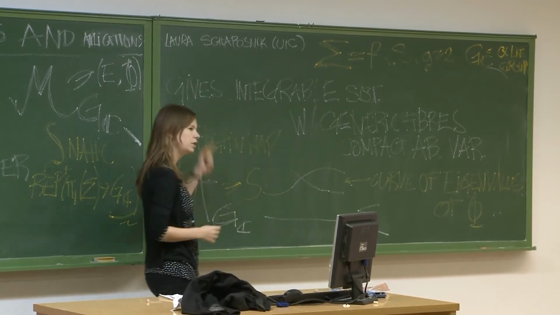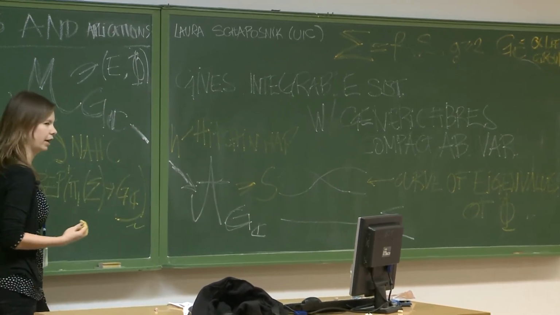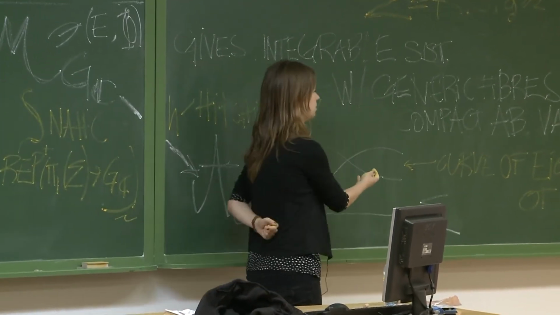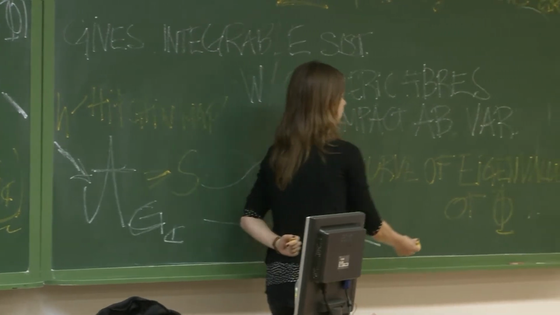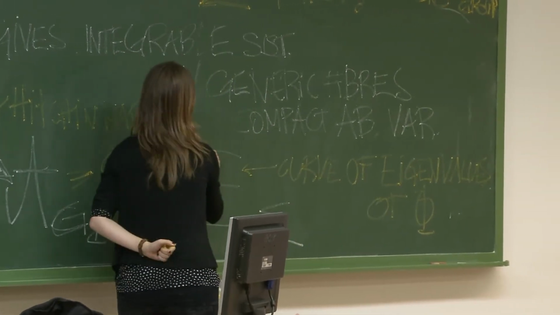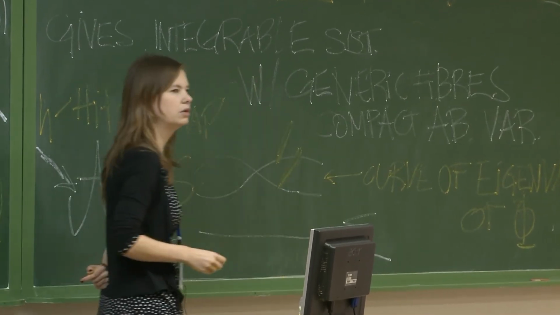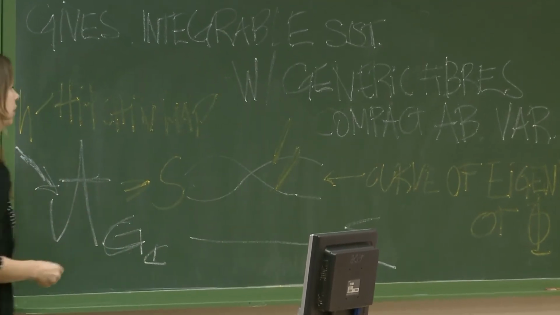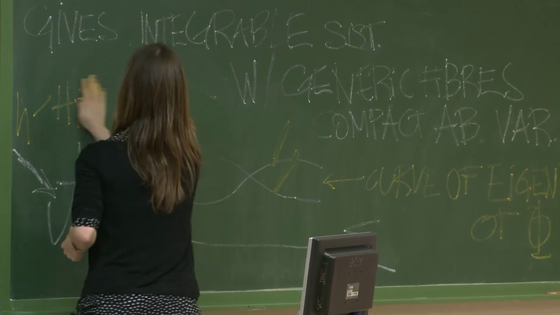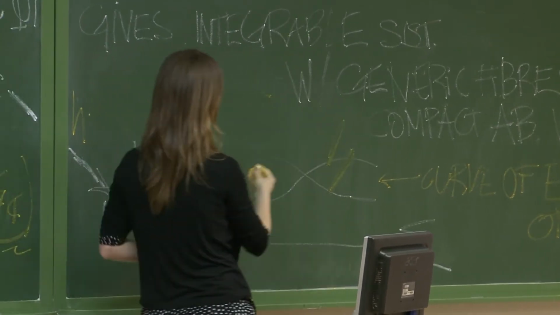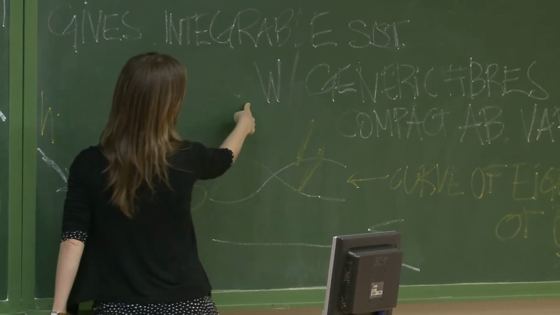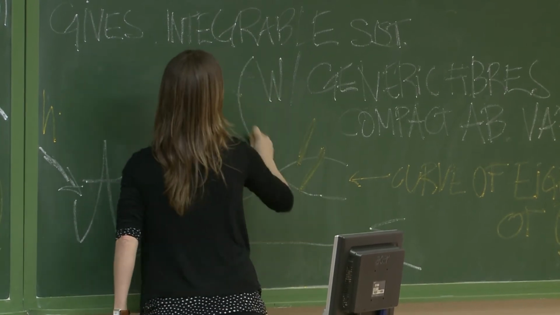And you may wonder, what is the fiber then? What is this abelian variety? And the fiber is what's missing here. You have the eigenvalues, you're missing the eigenspaces. So you look at the eigenspaces on top of that curve. These will be line bundles on the curve, and that will be the fiber. So we said the generic fiber is the compact abelian variety.